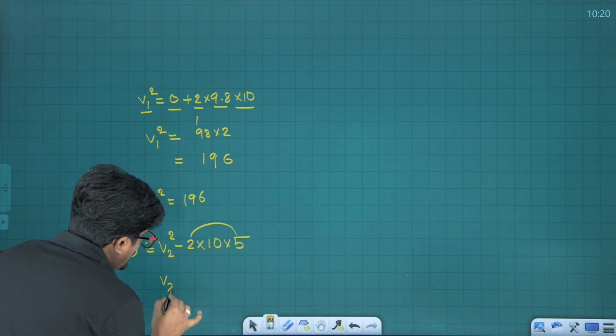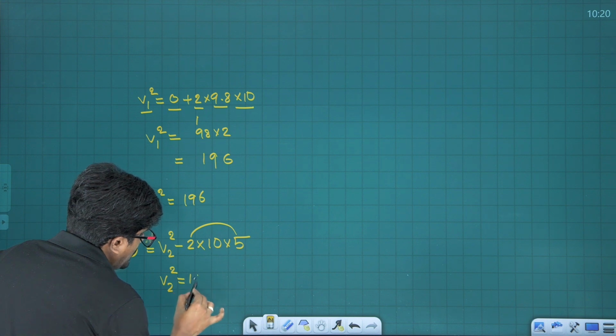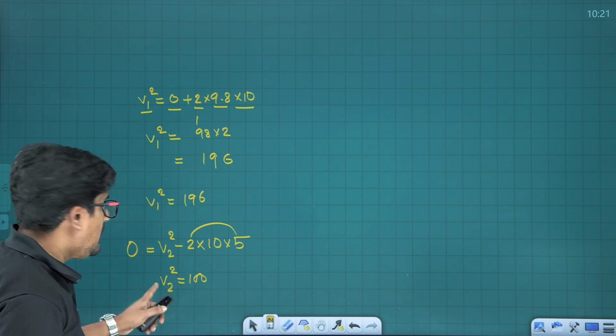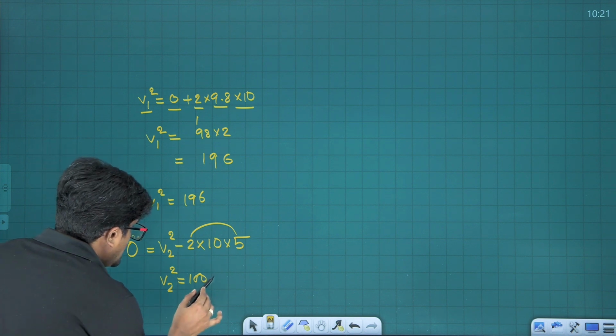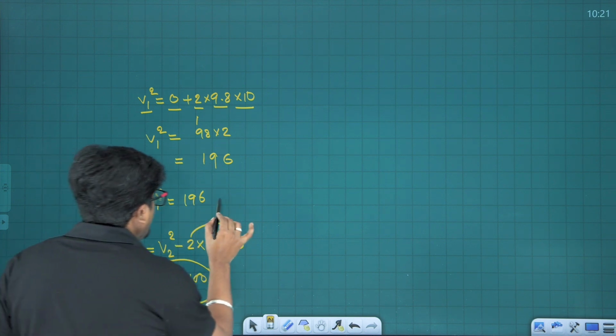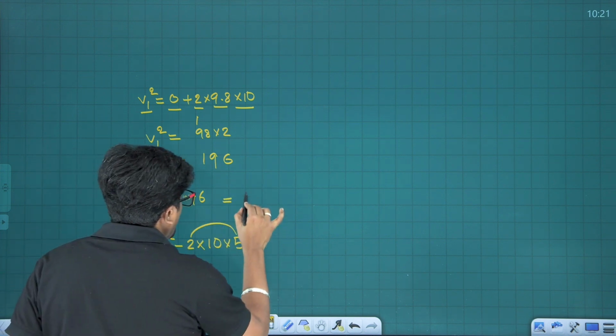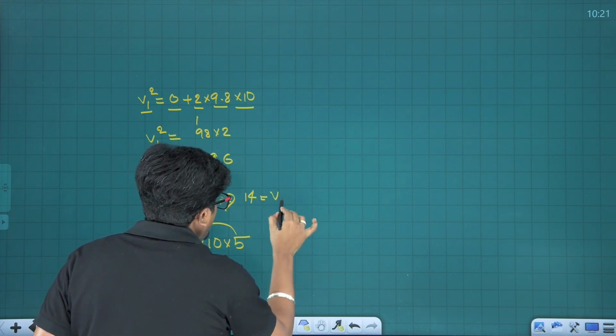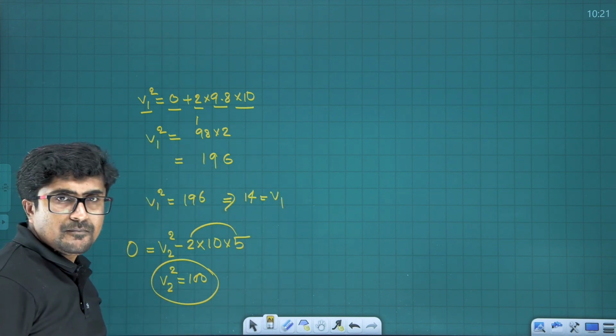So v2 square equals 100. Now have a look: what is v1? Since v1 square is 196, v1 is equal to 14.